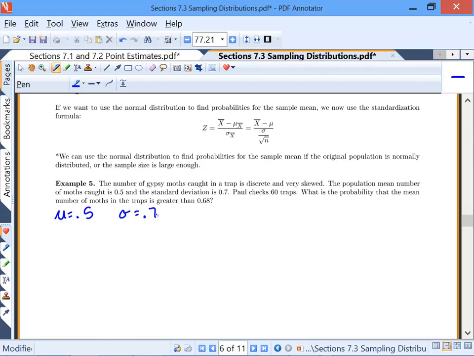Now Paul only checks 60 traps. What is the probability that the mean number of moths is greater than 0.68? So we want to find a probability associated with a sample mean.